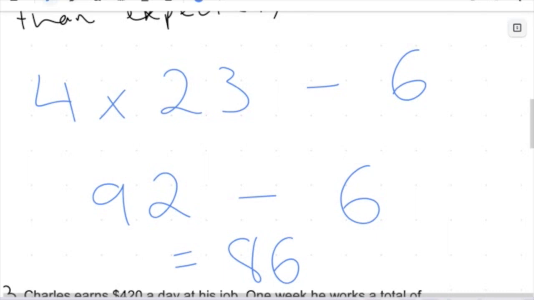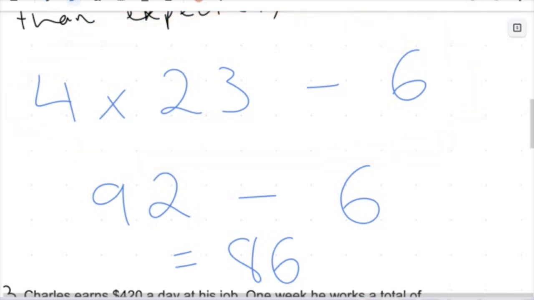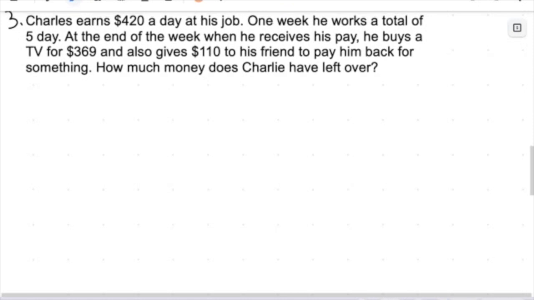Because once we get to here, it becomes easy. Because it looks like the questions we've done before. Now, of course, order of operations tells us that we want to do the multiplication first. So that's why I did my 4 times 23 first, and only then, once I find that, do I subtract 6 from 92.